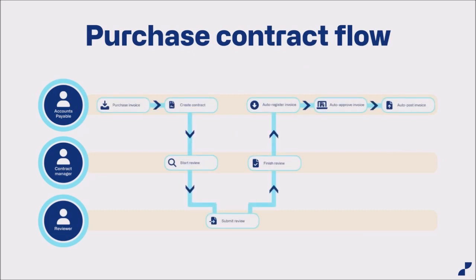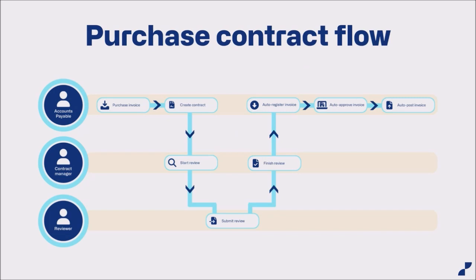The flow for a contract could be started by the accounts payable. Quite obvious: when we get an invoice, I could create a contract based on that. And that contract is then, when it's created, made available to a manager of the contracts in your company that could start a review process either individually or as a batch, once every month perhaps, or just on the fly.